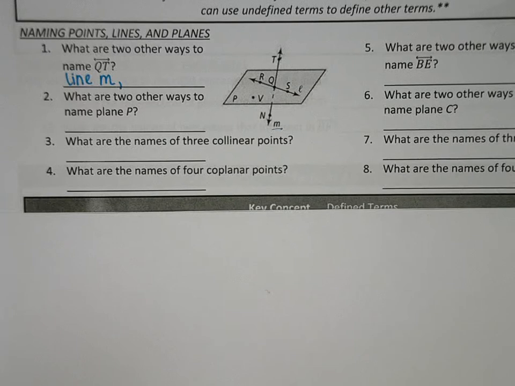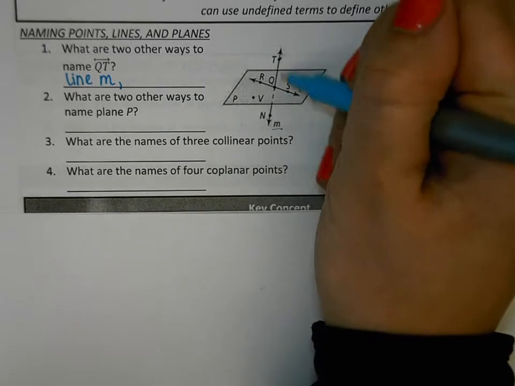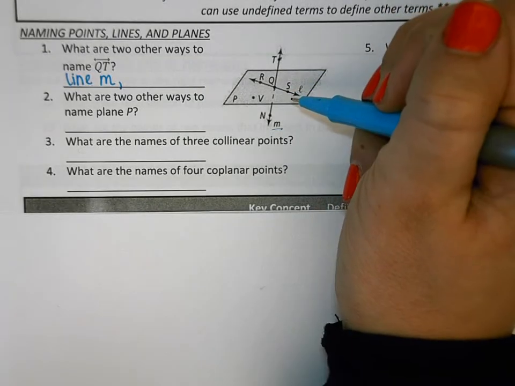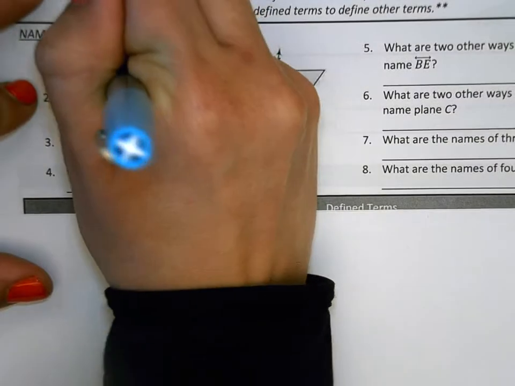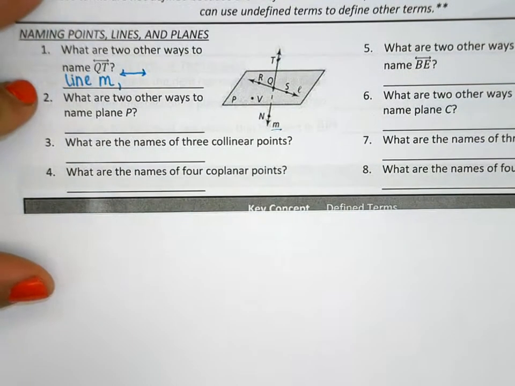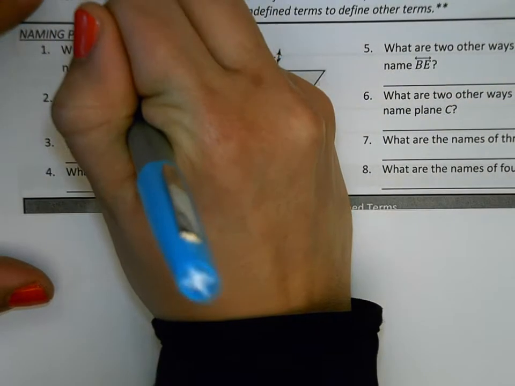So what are other ways that we could name line QT? What are some other points on line QT? What do you guys think? TQ. Could I do TQ? Just flip-flop the letters? Yep, so we could do line TQ. So you draw your line above it. That works.